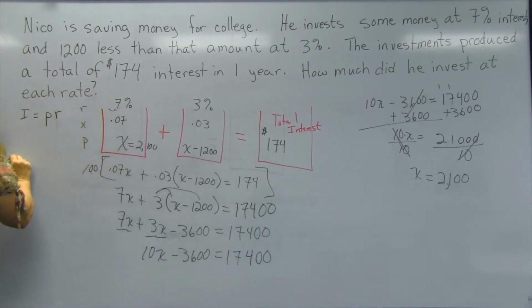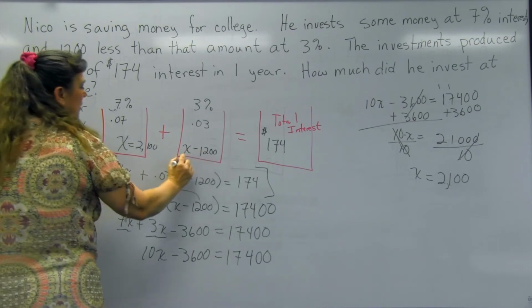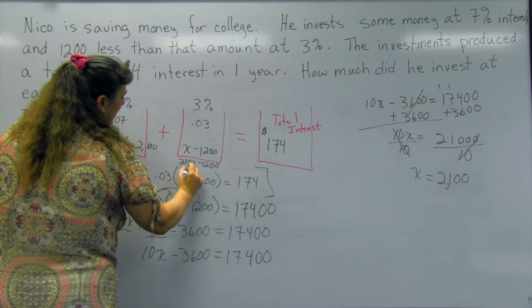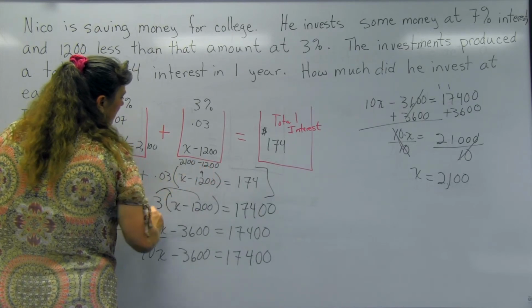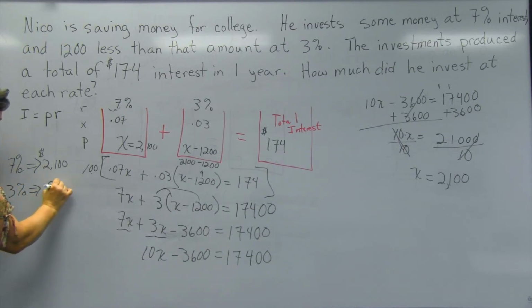That means at 7% interest, they invested $2,100. And don't forget your dollar sign. Now this one would be 2,100 minus 1,200, which is 900. So at 3%, they invested $900.